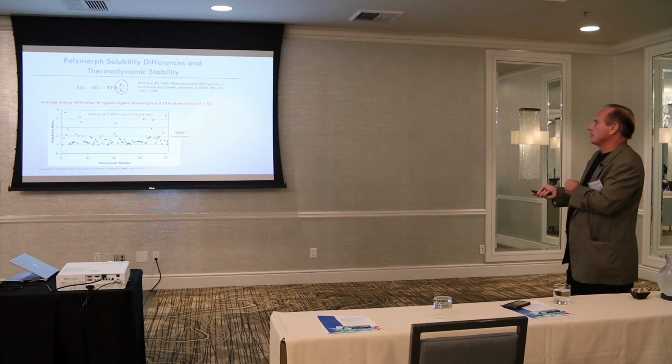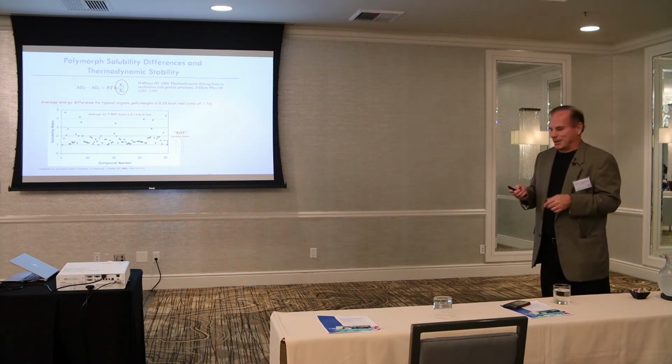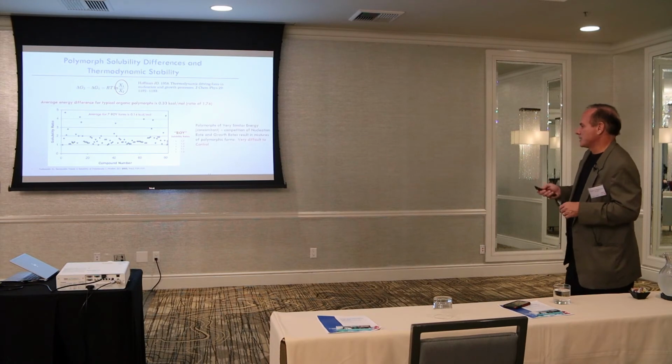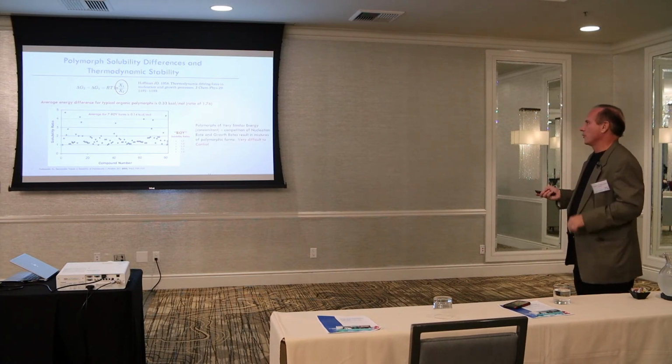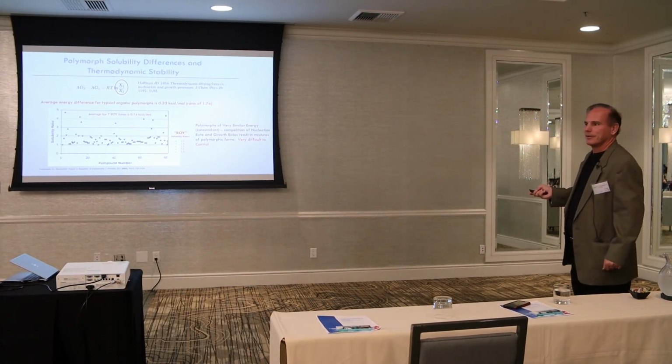So it was 0.14 kcal per mole, which is significantly different and pretty tight. The conclusion, or inference, I have is that there's enough data out there to say that polymorphs have very similar energy, in particular those concomitant ones.